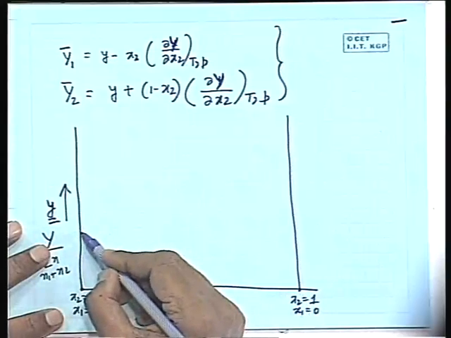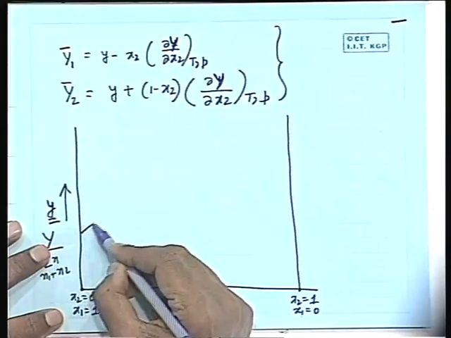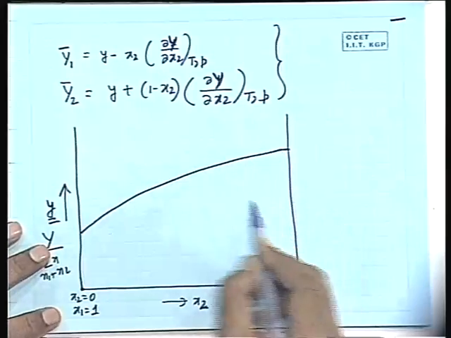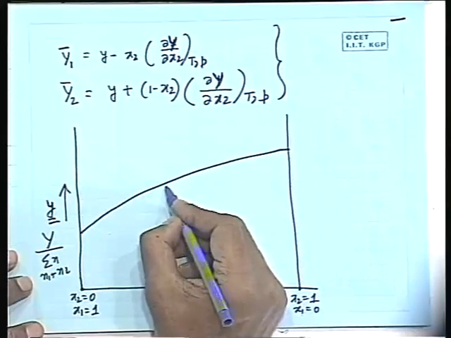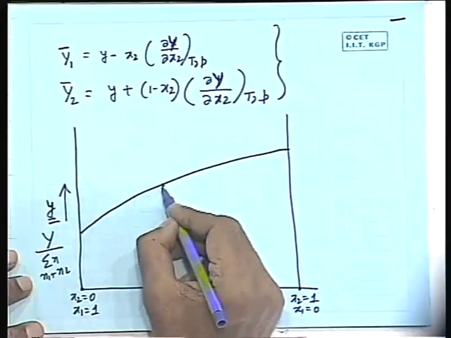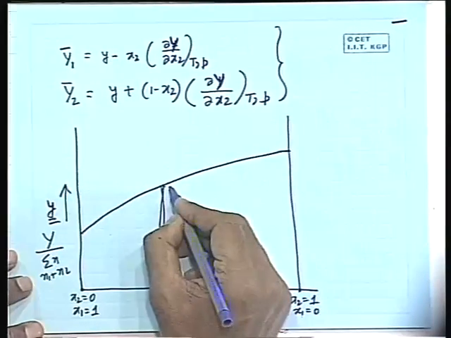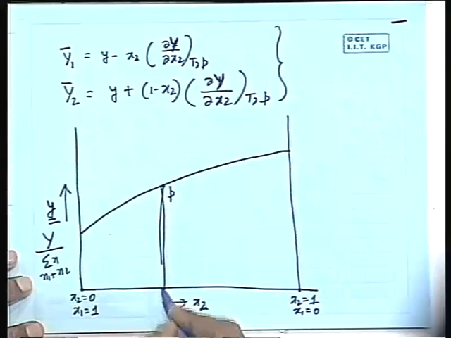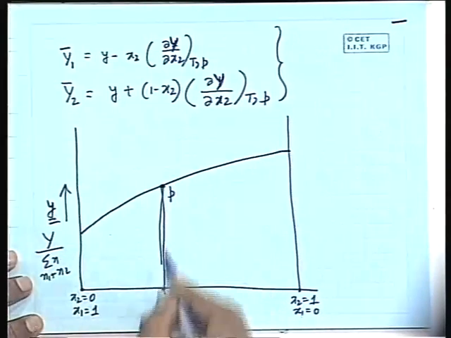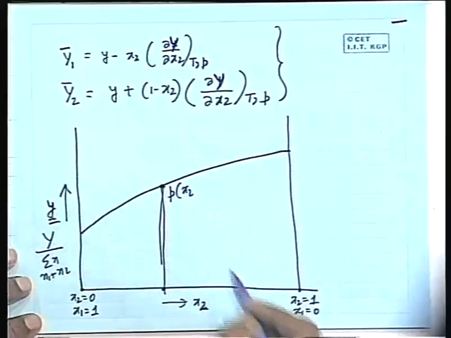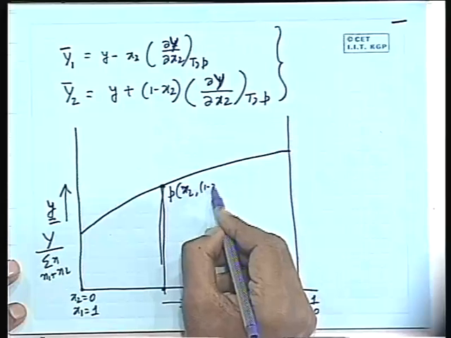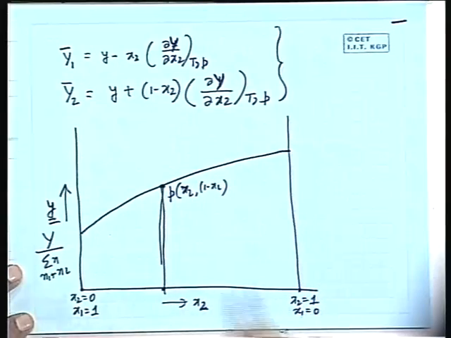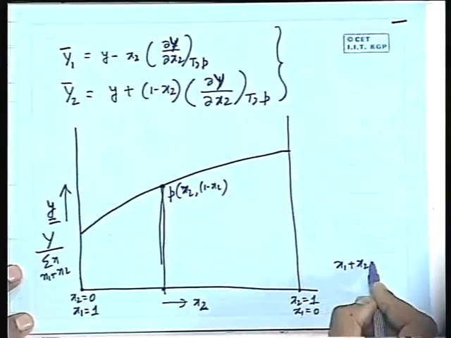And if I get a variation like this, this is the curve of y versus x2. Then at any point P on the curve, which has a mole fraction x2, the corresponding x1 will be 1 minus x2, because x1 plus x2 is equal to 1.